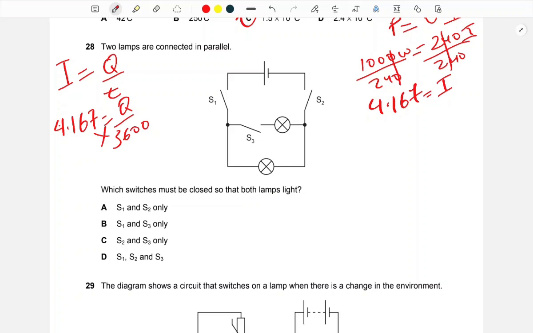The lamps are connected in parallel. Which switches must be closed so that both lamps light? So we want this lamp to light and this one to light too. Obviously this one should be closed because current is going to be flowing in this direction.